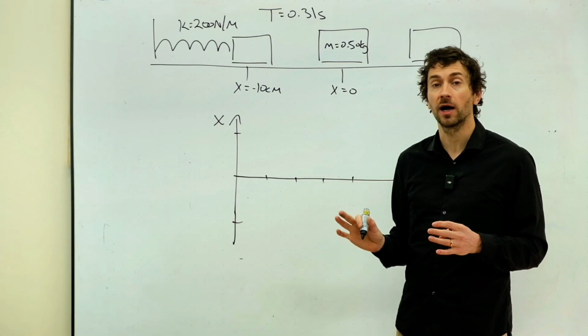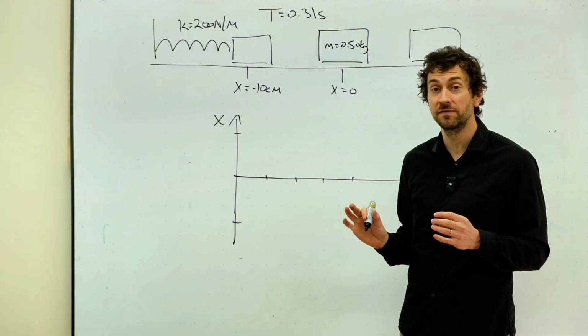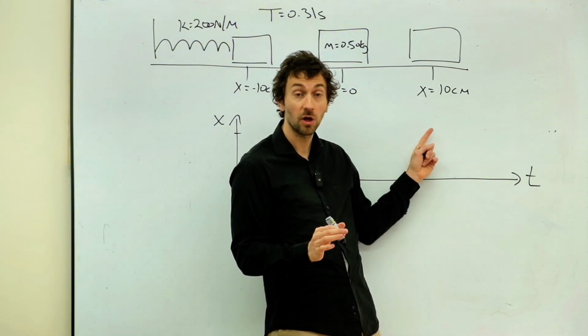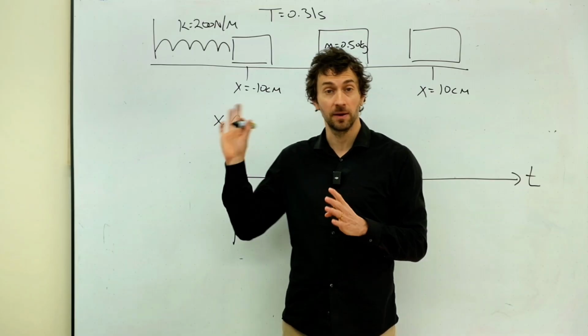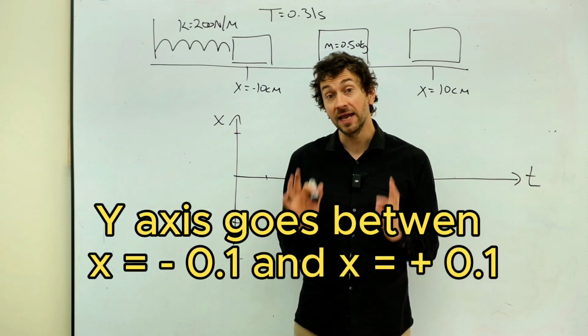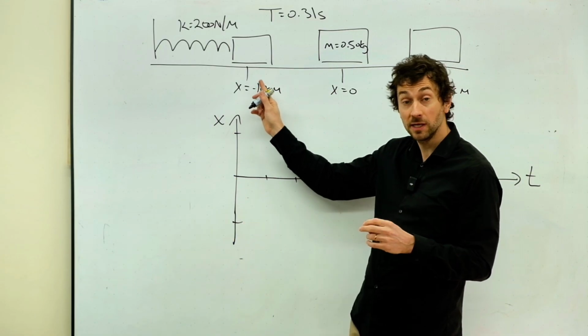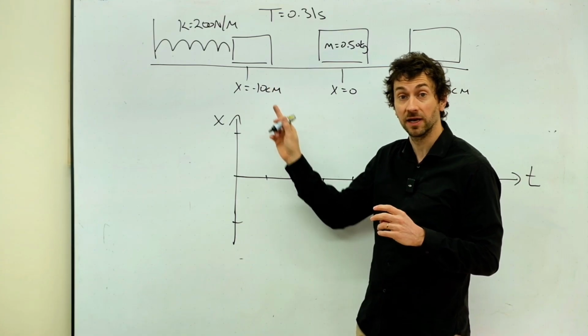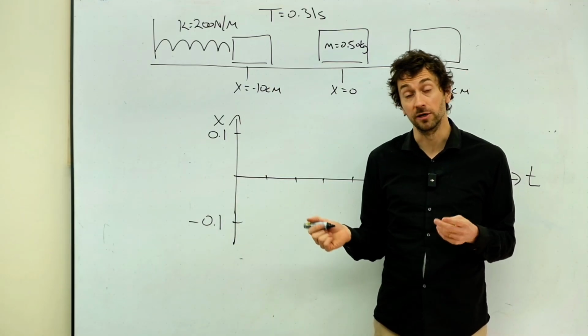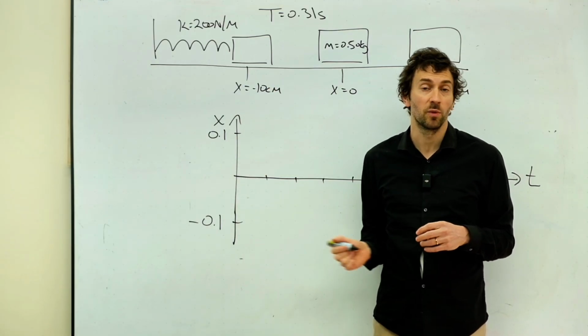For this block, the maximum positive displacement happens over here, where x is 10. So I'm going to put that on my y, and my maximum negative displacement happens here, at -10. I'll write it as 0.1 meters, and -0.1 meters.